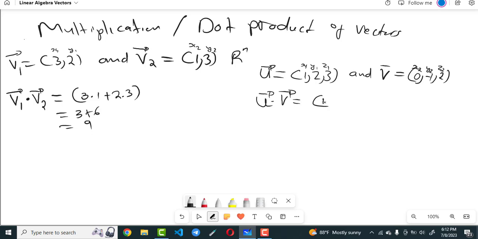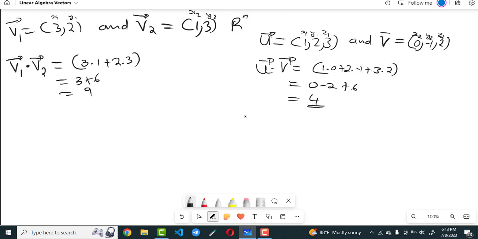Now we are saying 1 dot 0 plus 2 dot -1 plus 3 dot 2. Finally, here we get 0 minus 2 plus 6, and our final answer is 4. So this is how we do dot multiplication of vectors.